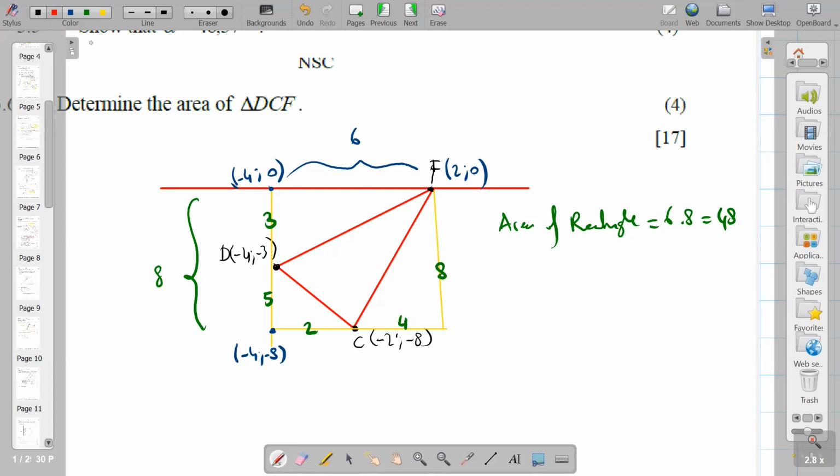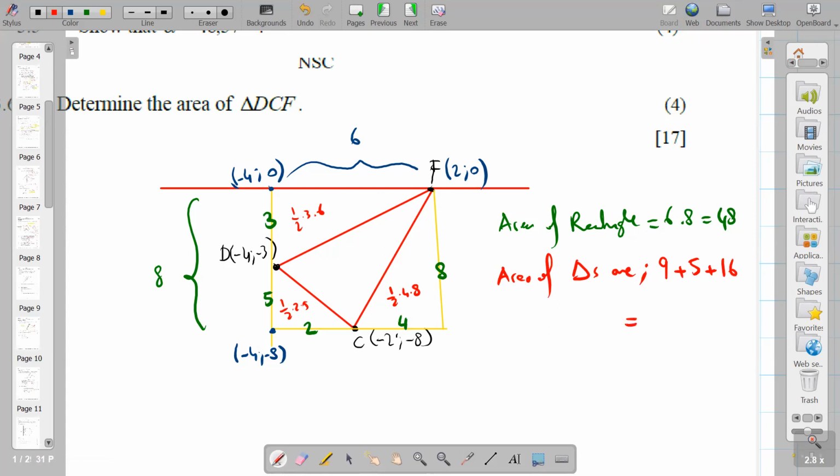Now what are the areas? 1 over 2 times 3 times 6. That's 1 over 2 times 2 times 5. That's 1 over 2 times 4 times 8. So the areas of triangles are 9 plus 5 plus, and then the last one is 16.